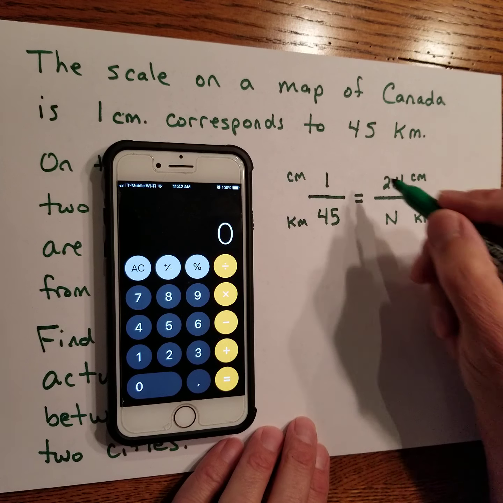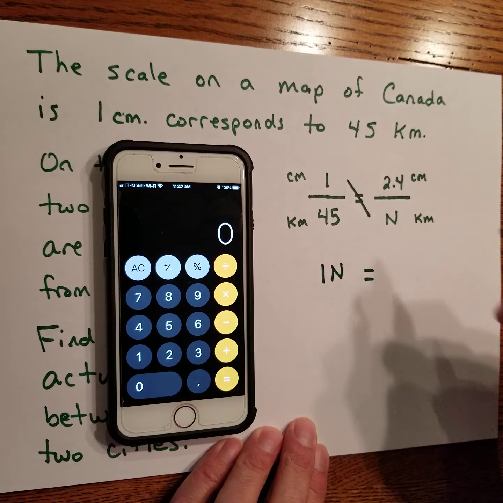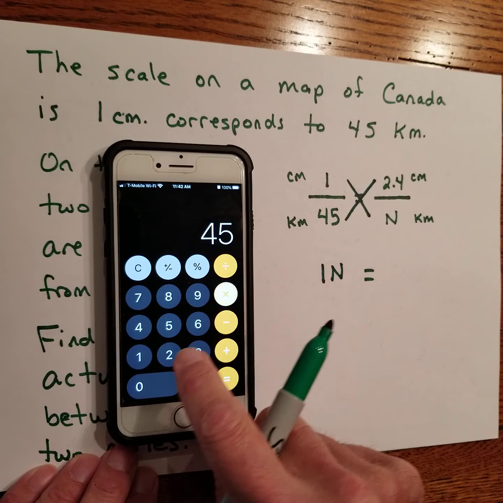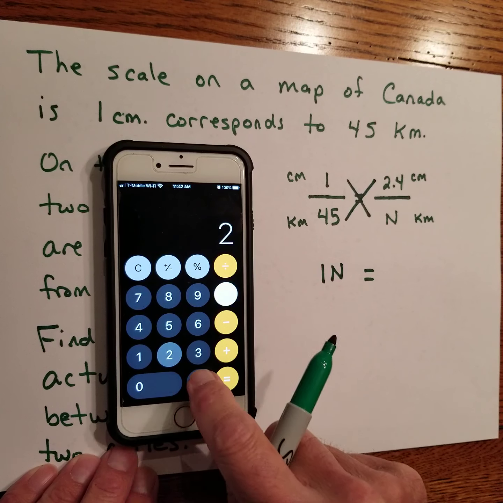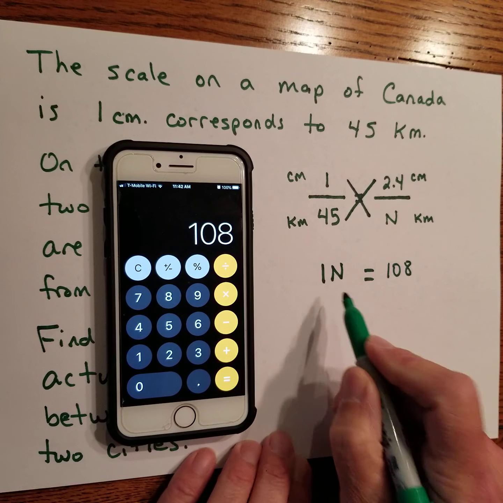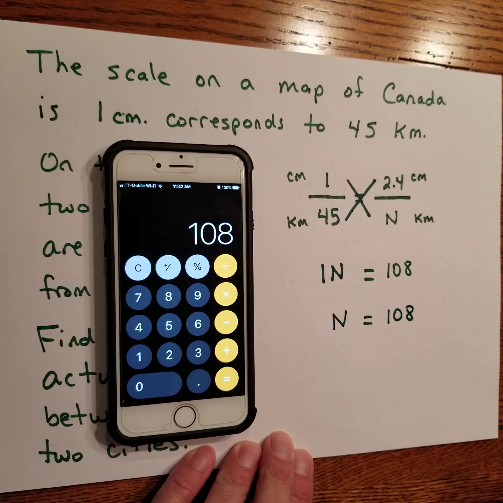We'll multiply diagonally, 1 times n and 45 times 2.4 is 108. When I divide by 1, I still have 108.